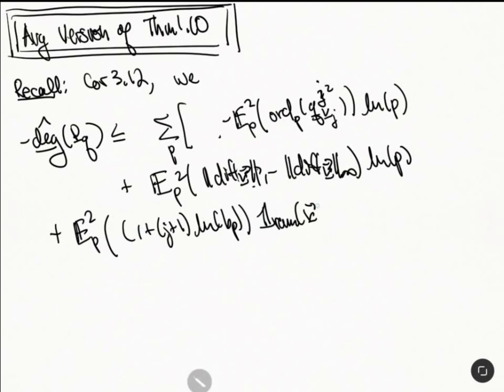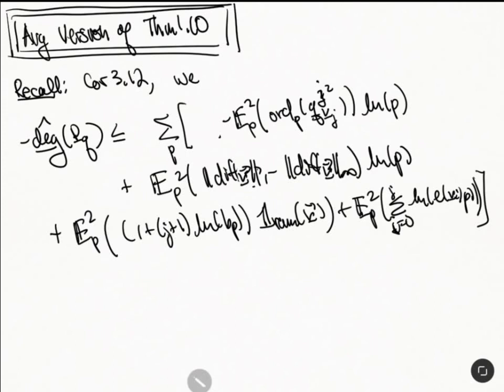Then we had the sum of i equal to 0 up to j of natural log of e vi over p. So we have all these terms here, and this is the post-average version.